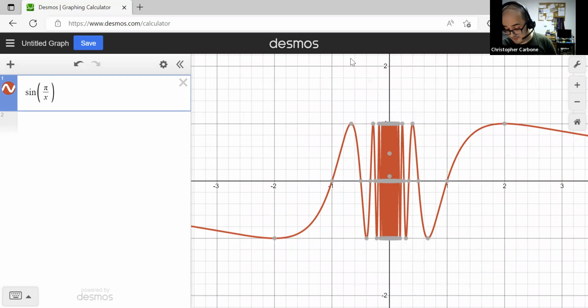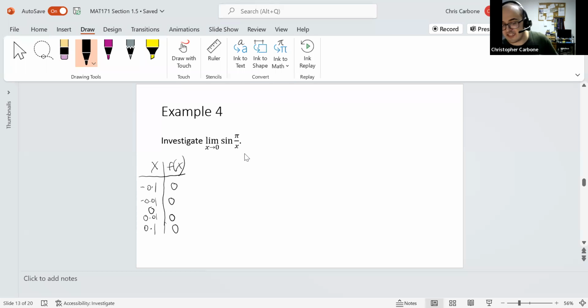So something like that, due to the oscillating nature, this does not exist. Again, why is that? That's because of the oscillation involving that graph.